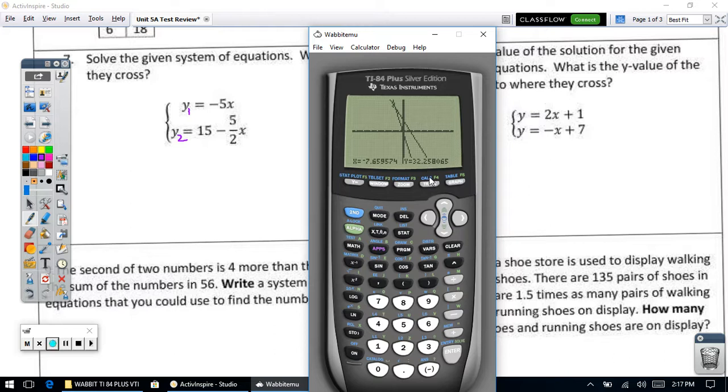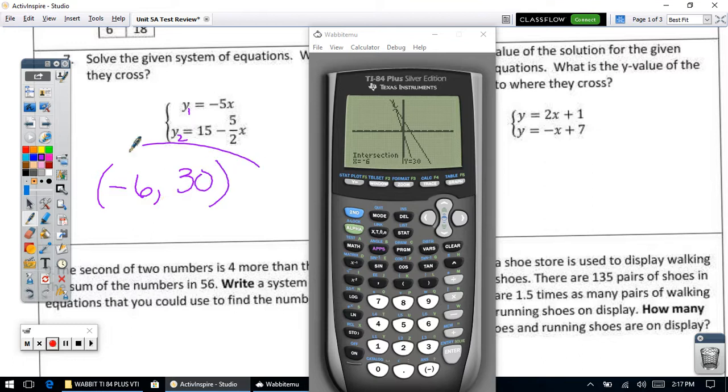Second calc. We want it to calculate the intersection, number 5. All you have to do is get your blinking cursor close to where you think the intersection is, and then enter, enter, enter. And it will tell you the actual coordinate. So this coordinate is -6, 30. That is the solution, or where the two lines actually cross.